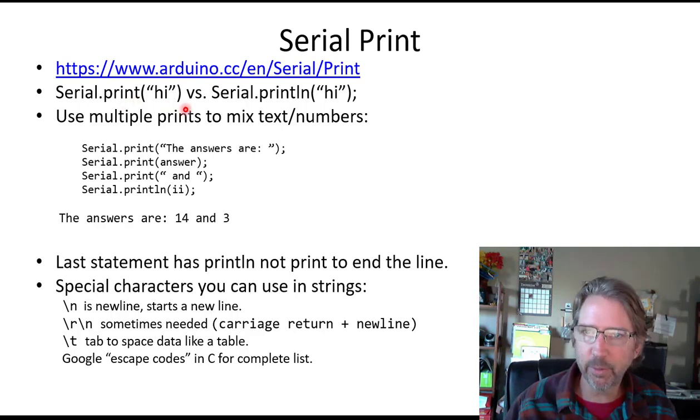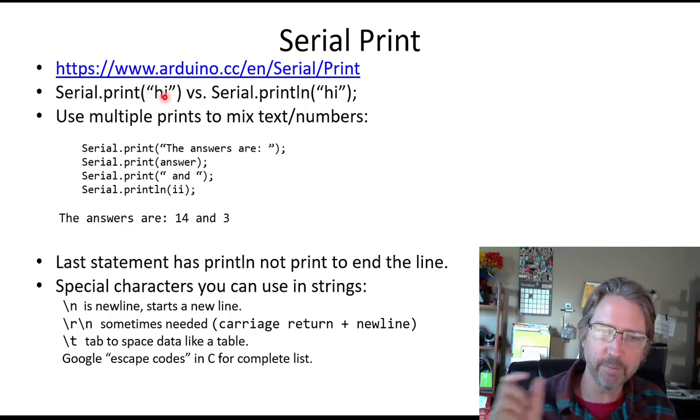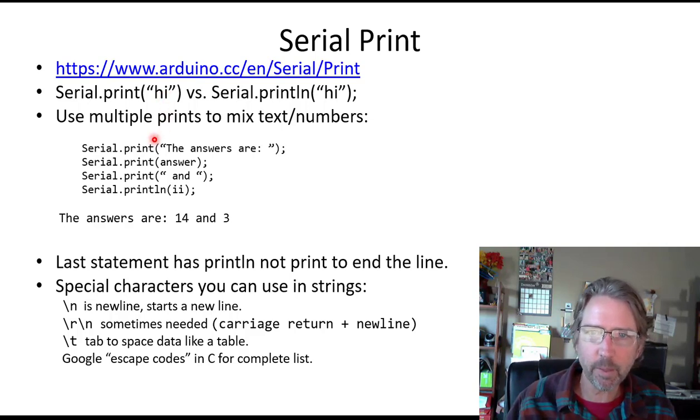And because these serial print and serial print lines have to either have text in quotes all by themselves, or you can give it a variable and it will format the variable and print it out, but you can't mix them together like you can in most languages, we use several print statements in order to make a single line of print.